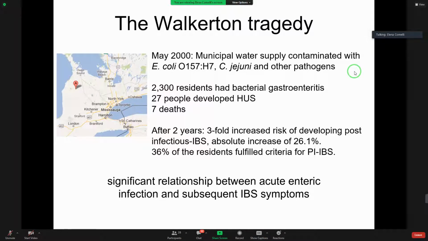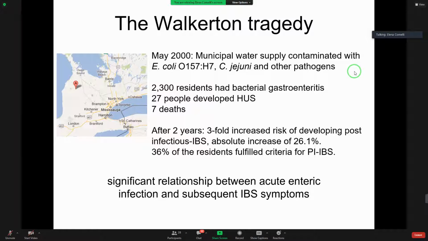Not only this burden, but research continued, because this city and this event became the subject of extensive research in order to understand how this could have happened, how we can prevent this from happening again in the future, and also how we can help those people. It also allowed us to learn a lot about enteric infection and the long-term consequences.